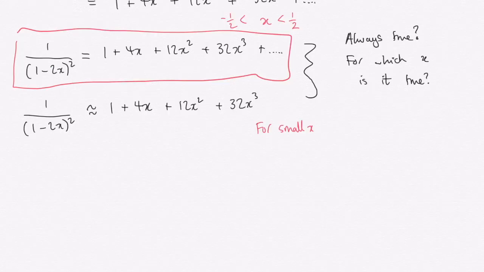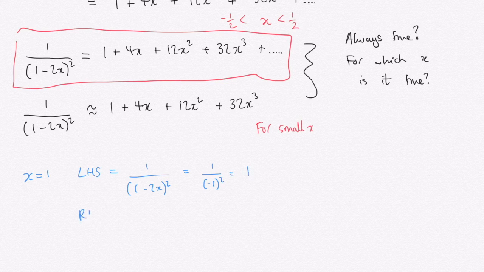And we can perhaps get an idea of what's going on here by considering some examples and substituting some values of x in. So let's take, for example, x equal to 1. Then the left-hand side, which is 1 over (1 minus 2x) all squared, well, 1 minus 2x is negative 1, squared is then equal to 1.